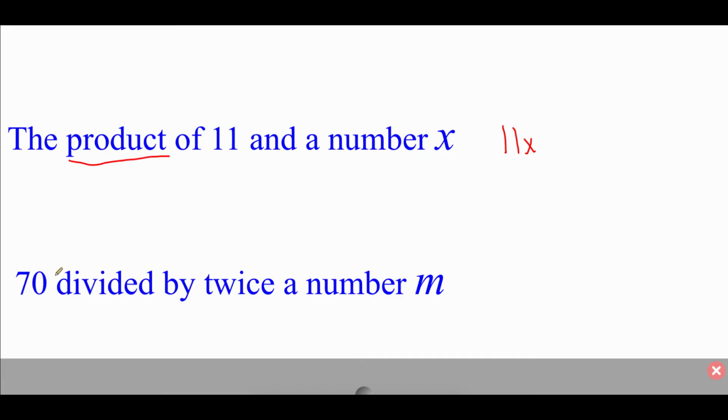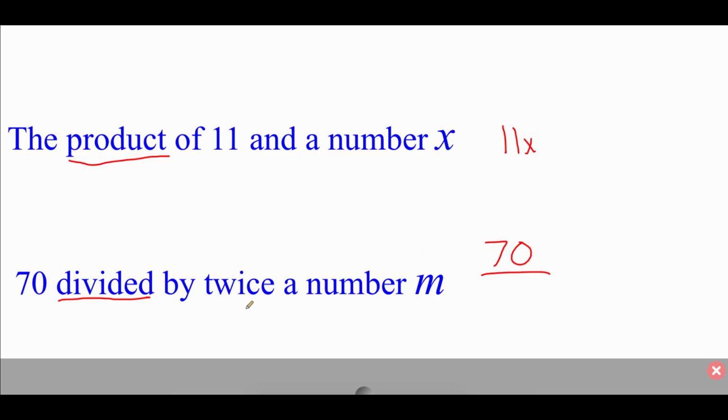For the next one, we've got 70 being divided by twice a number m. So we've got some division happening in there. I'm going to write this out as a fraction. So I'm taking 70 divided by, meaning that I need to put 70 on top of my fraction. Now we've actually got two things happening on the bottom here. We've got twice a number m.